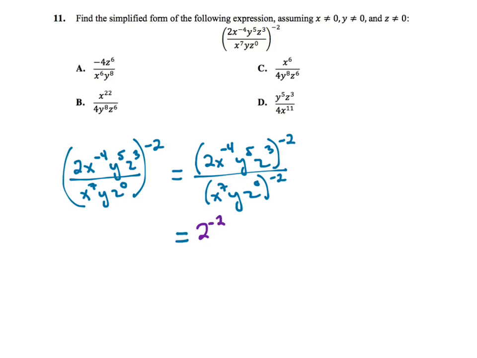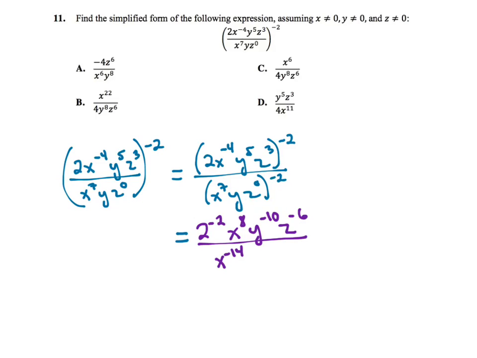Remember, we multiply those exponents, gives me x to the power of 8. y to the power of 5 to the power of negative 2, multiply, y to the power of negative 10. z to the power of 3 to the power of negative 2 gives me z to the power of negative 6. Over x to the power of 7 to the power of negative 2 gives me x to the power of negative 14.